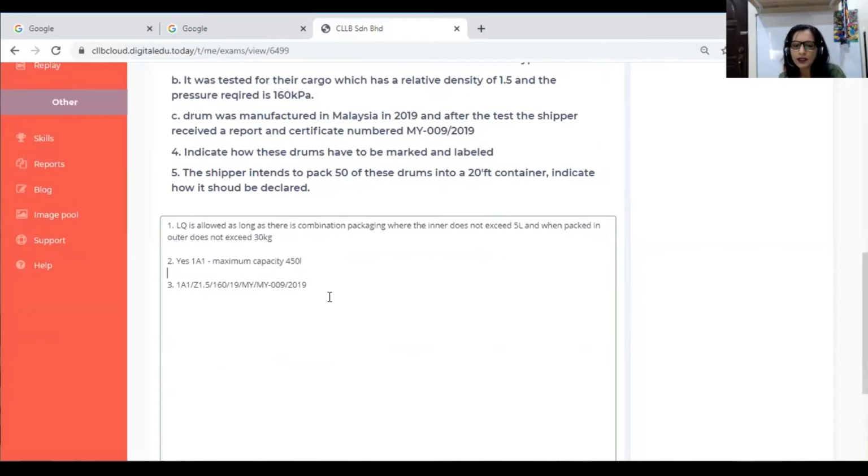Now from there we ask, how would these drums be marked and labeled? So can we see, is this consignment a marine pollutant? Yes, it is. It mentions it on the safety data sheet, right? Exactly. I just want to open the safety data sheet and identify this information for everyone's benefit.